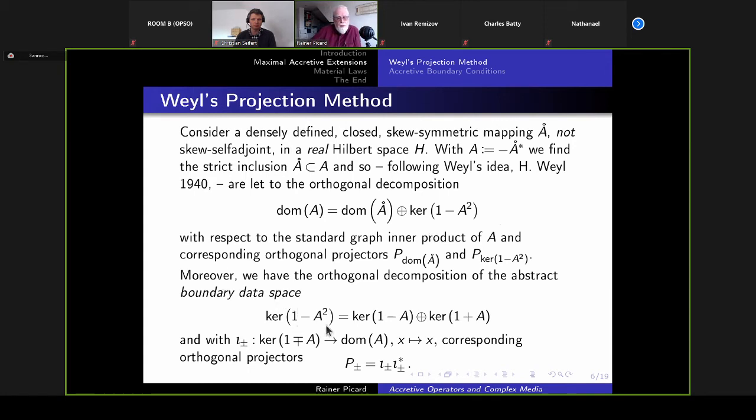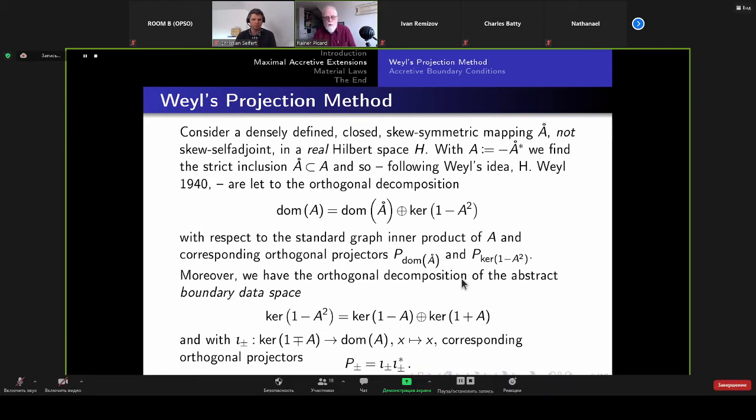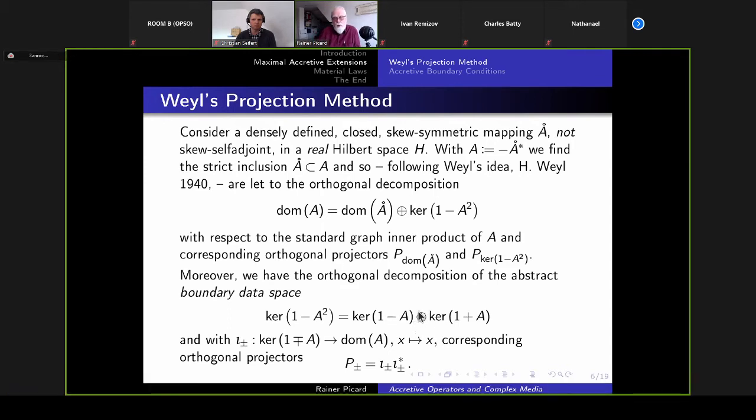So here's this boundary data space, which now can be split into the kernel of 1 minus A and 1 plus A. That's essentially the binomial formula, if you will, but it turns out to also be an orthogonal decomposition in the graph norm of A. So if we take the canonical embedding of these kernels into the domain of A, so it's the identity really, then the corresponding orthogonal projectors on these two spaces, P plus minus, can be written as the product of iota plus minus times iota plus minus star.